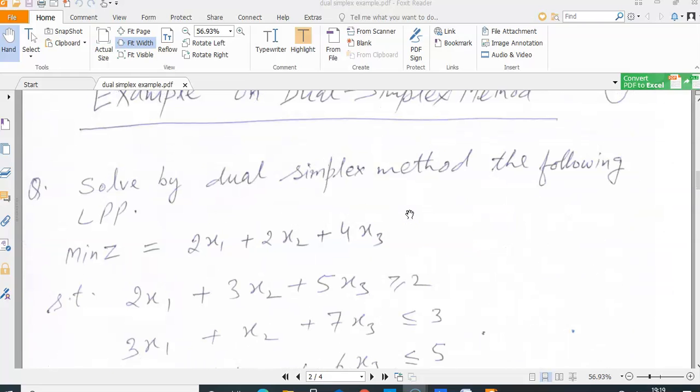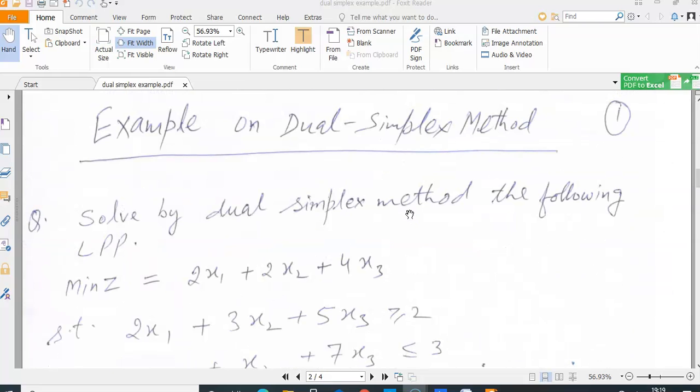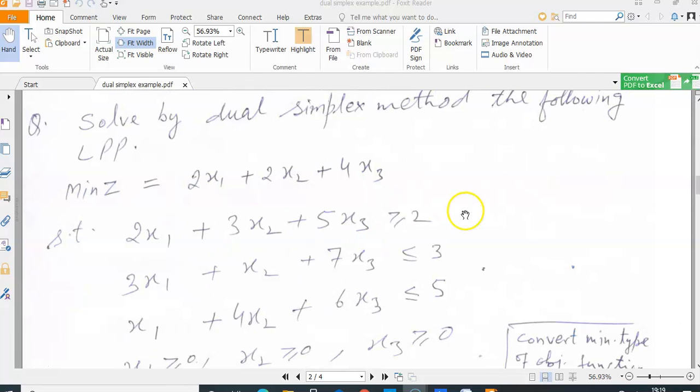Let us understand this with the help of an example. Solve this problem using the dual simplex method. We have a greater than or equal to sign, then less than or equal to signs.